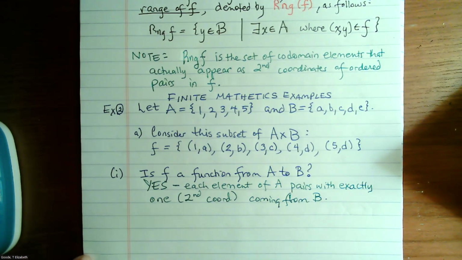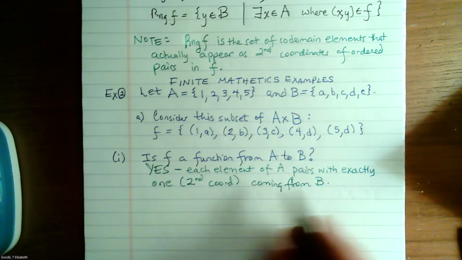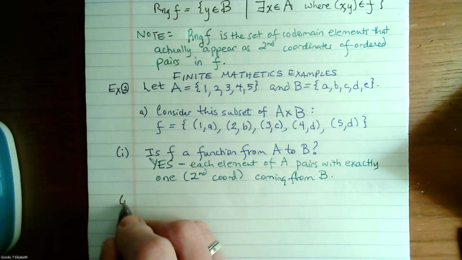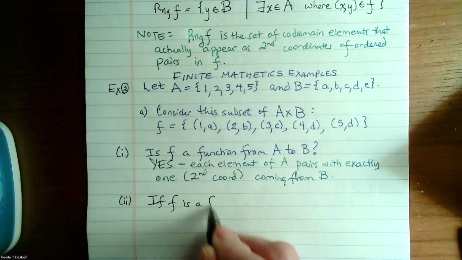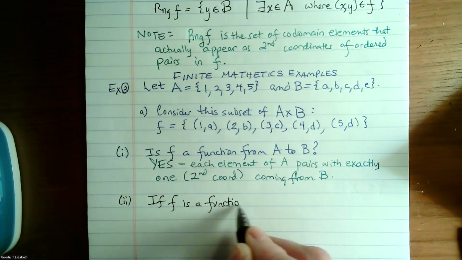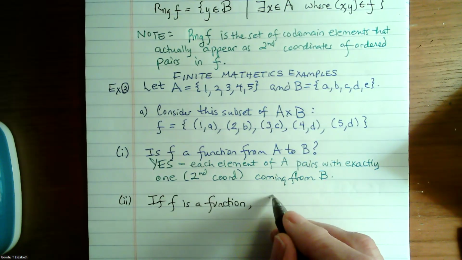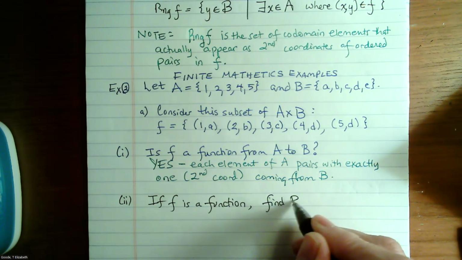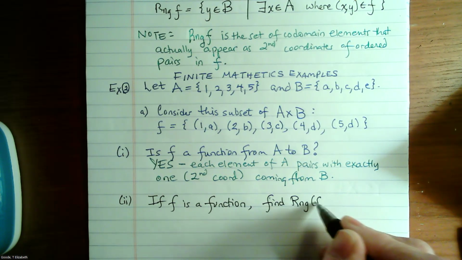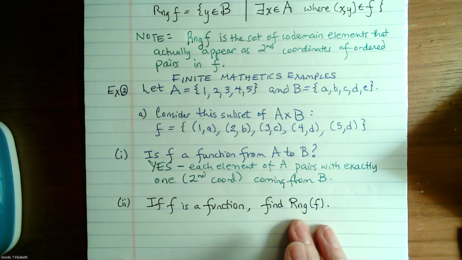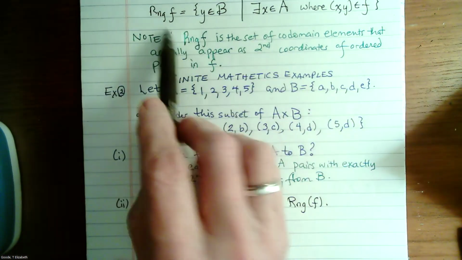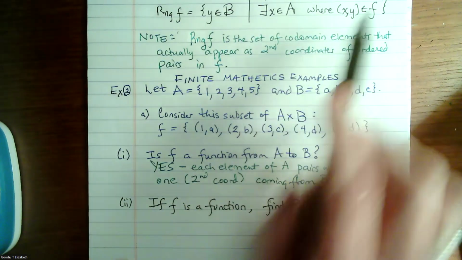Alright. So number 2, if f is a function, which it is, but you might get both of these questions at one time, find the range of f. The reason I say if f is a function is because the idea of range of f is meaningless if we're not looking at a function. Okay, so we've got our definition of the range of f right up here.